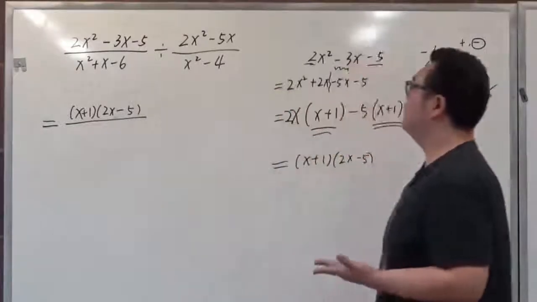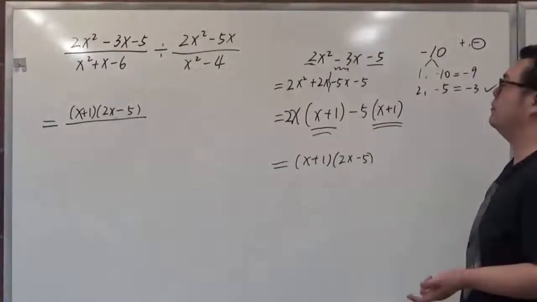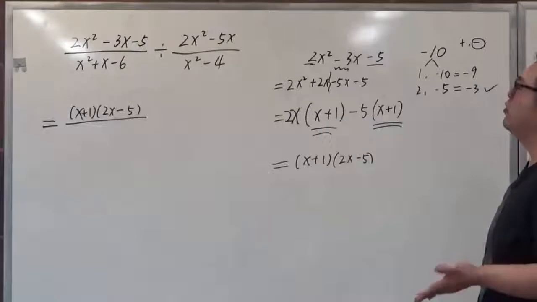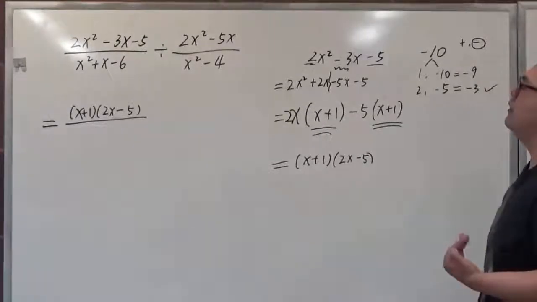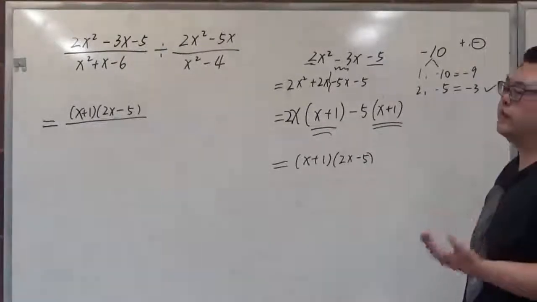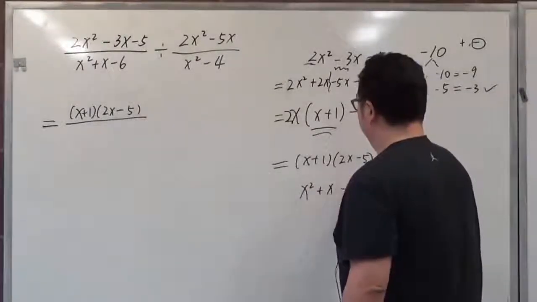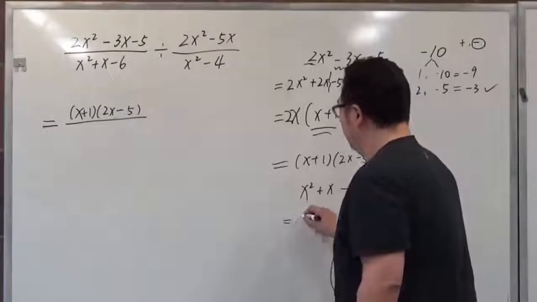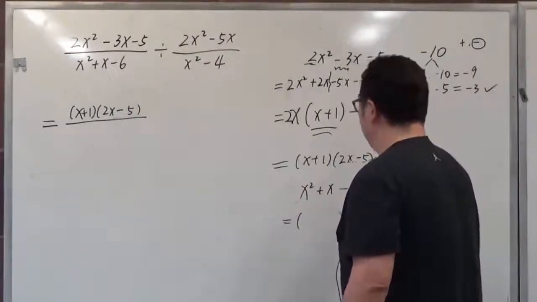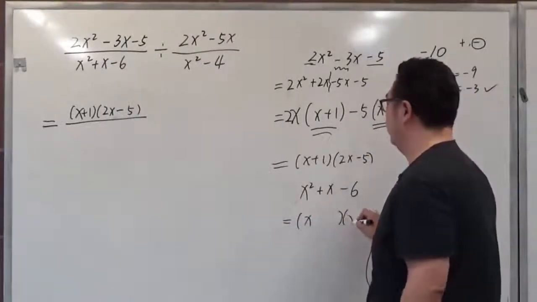Then the denominator, similarly, we have x squared plus x minus 6. In this case, we do not have to use the AC method, which makes it easier. The x squared can only be factored as x and x.